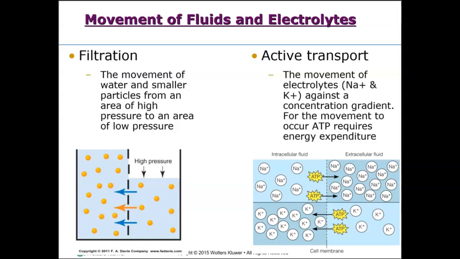Okay, so you need energy for that. The sodium and potassium move from areas of lesser concentration to areas of increased concentration of those elements. So let me repeat that. The sodium and potassium move from areas of lesser concentration to areas of increased concentration of those elements.